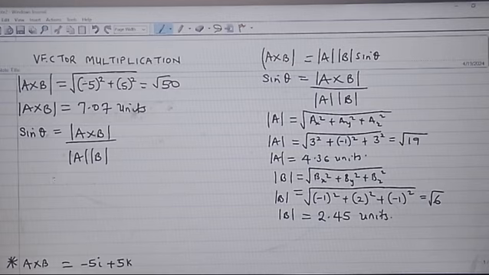This will give us 7.07 units all over 4.36 multiplied by 2.45 units.